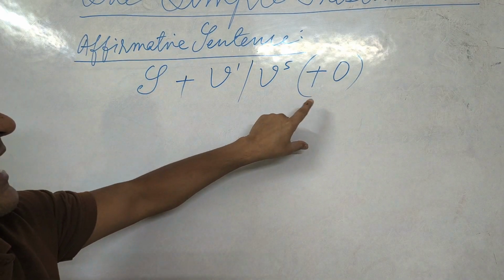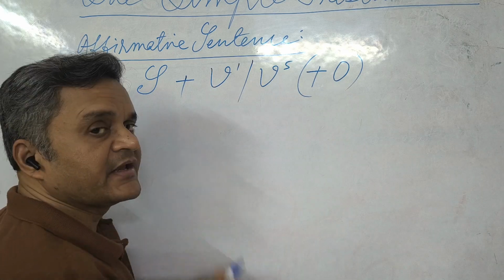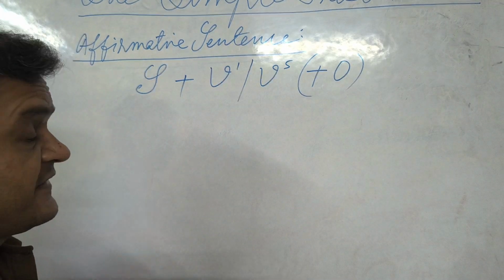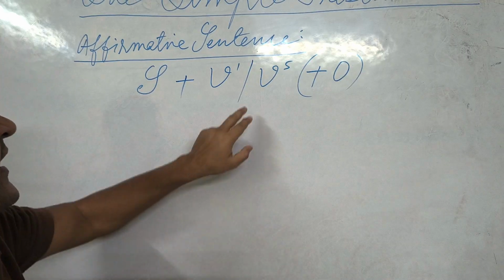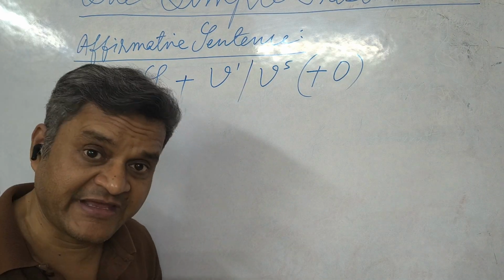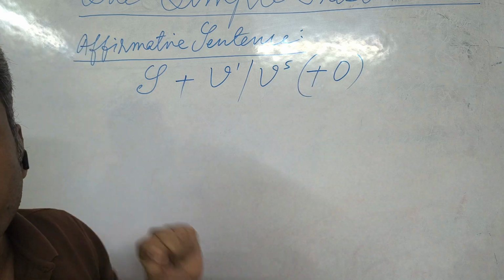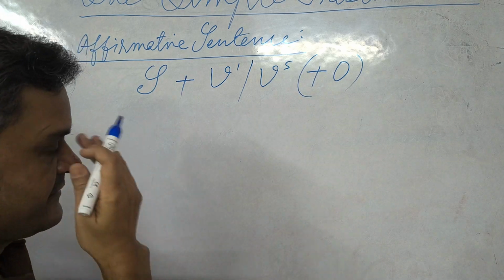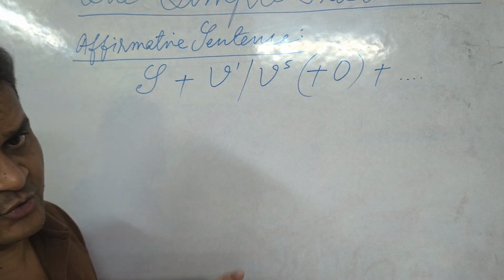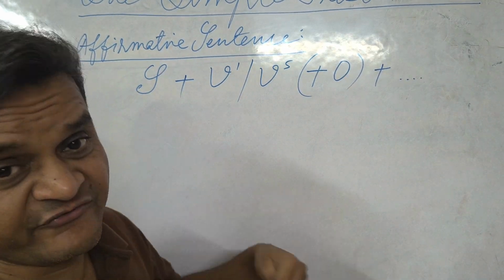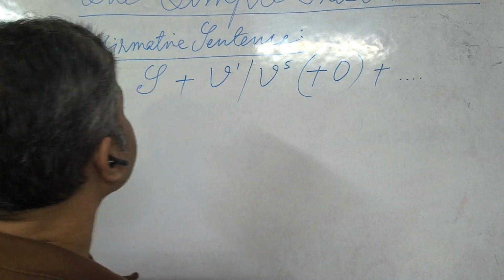I put it between brackets because this is not always required. If the verb is intransitive, then you won't need the object. You can use additional words if required, for example, adverbs, etc.